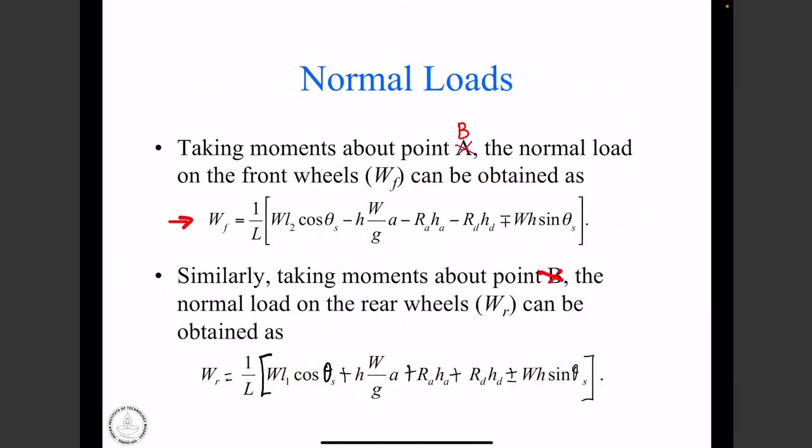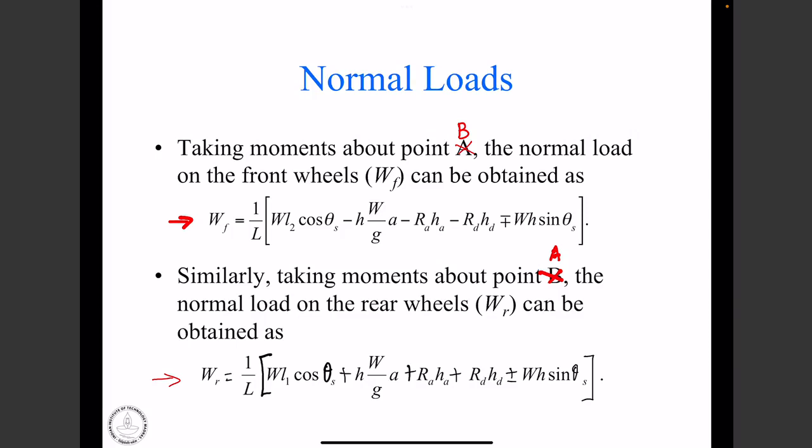And if we take moments about point A, we get an equation for WR. Once again, pretty standard. We have already looked at a similar equation for braking; we are just now doing it for drive. So what are these WF and WR? WF and WR once again will be the normal loads on the front and the rear wheels respectively.